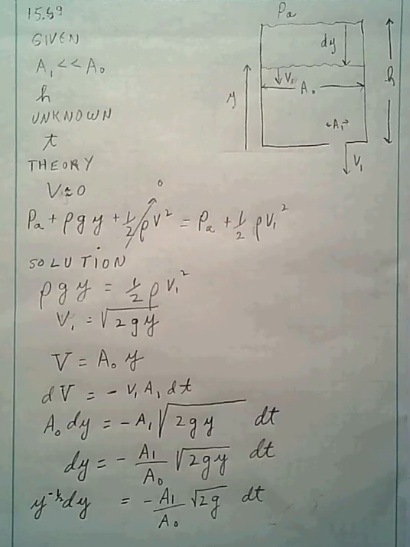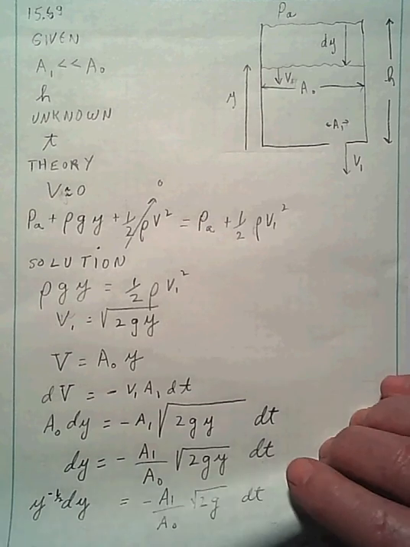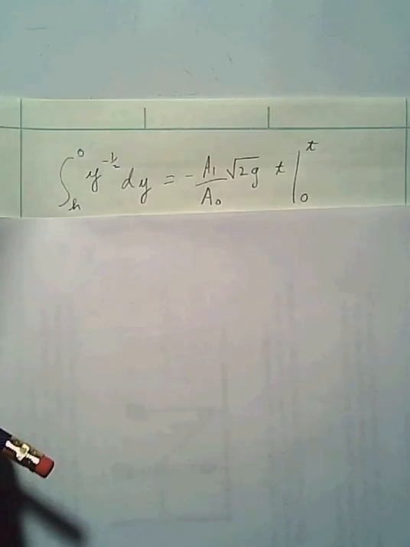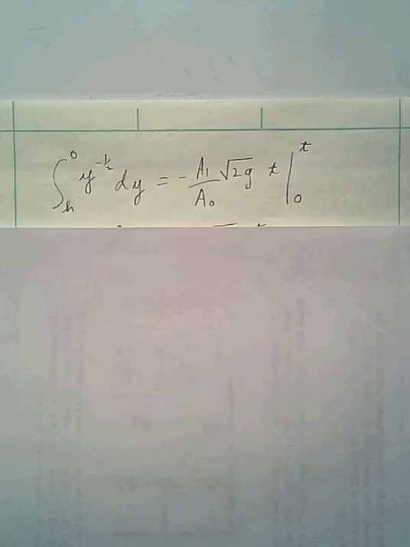Now, if you want to solve for the elapsed time, you're going to have to perform the integral of both sides of this relationship. I'm just going to show you the integral and let you work on this. If you do the integral on the right-hand side, that's simply the constants times the elapsed time t.